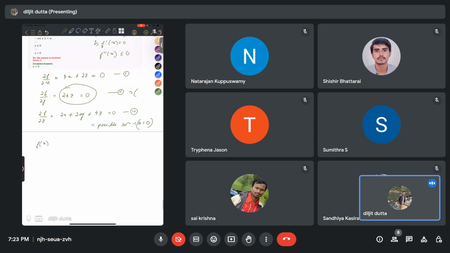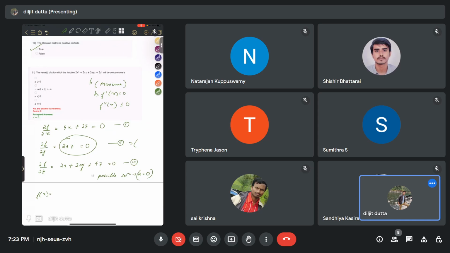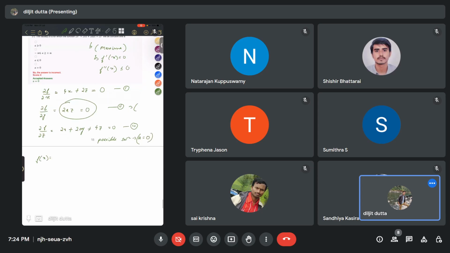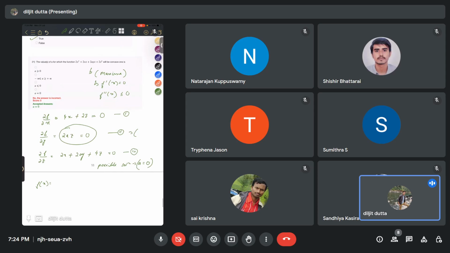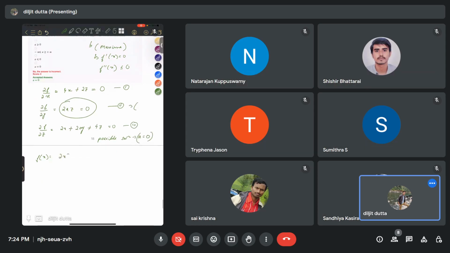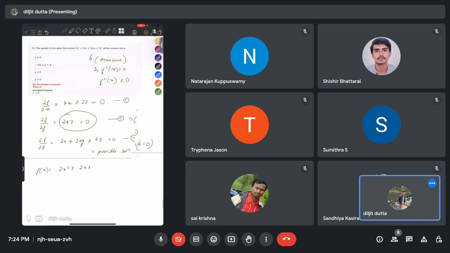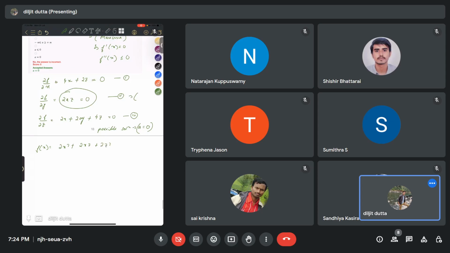In that case f of x is equal to 2x square plus 2xz plus 2z square.